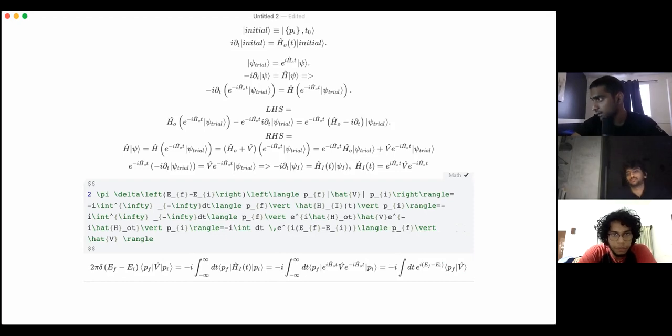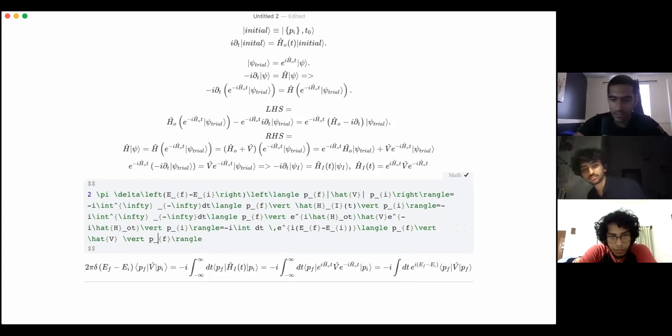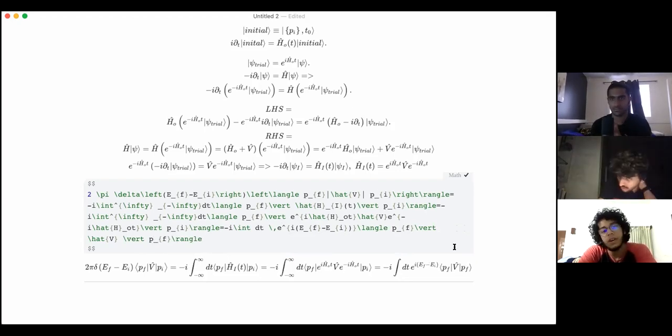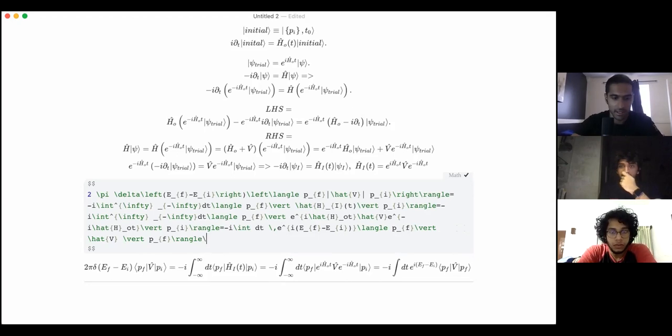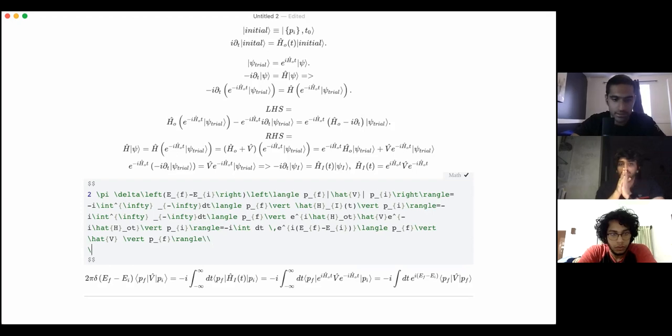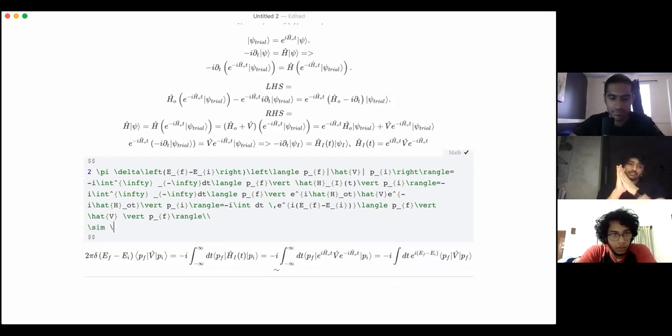You see, this is the delta function of E minus E_f minus E_i. There are some factors in the Fourier transform like the 2 pi, but whatever. This is more or less going to be delta of E_f minus E_i.